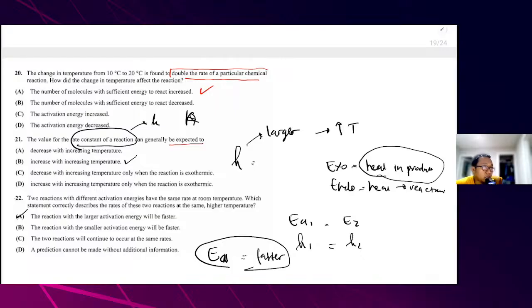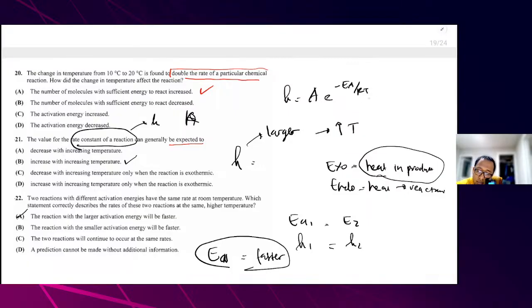Okay, I just want to double check from the first one, number 20. We can use k = A e^(-EA/RT). Remember this one.